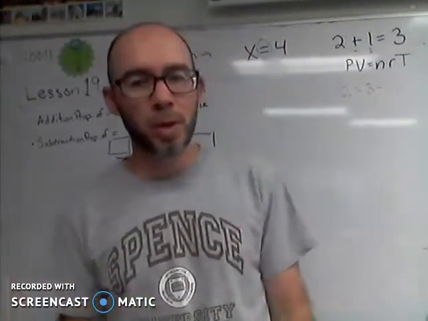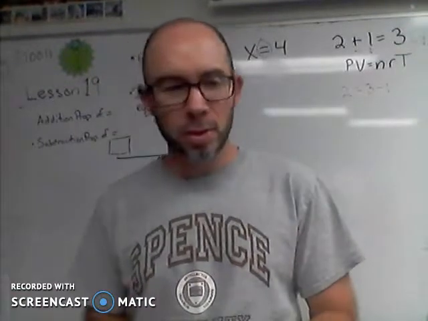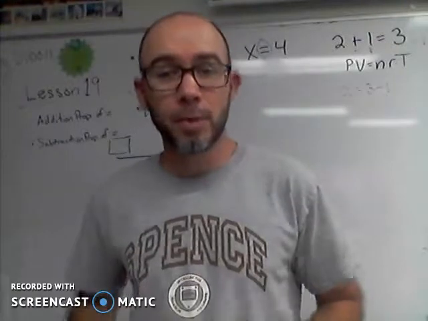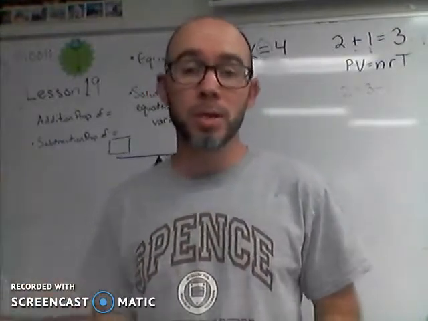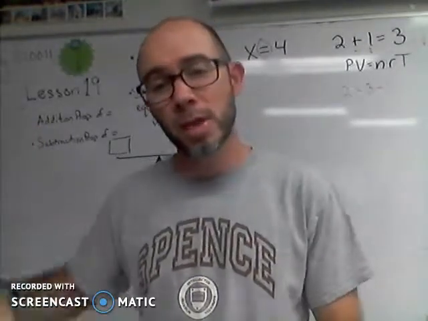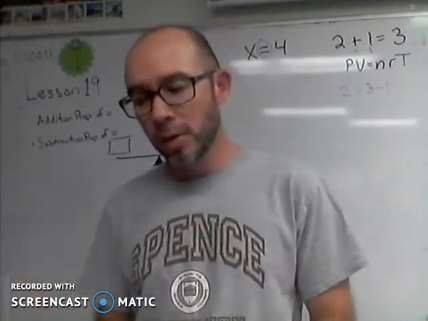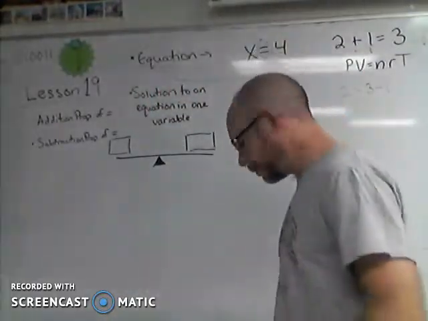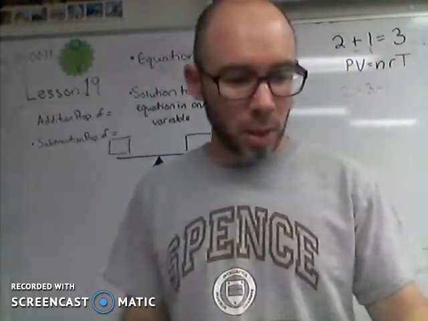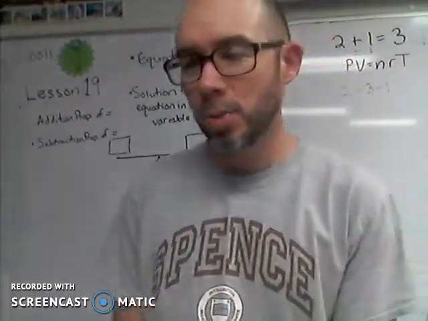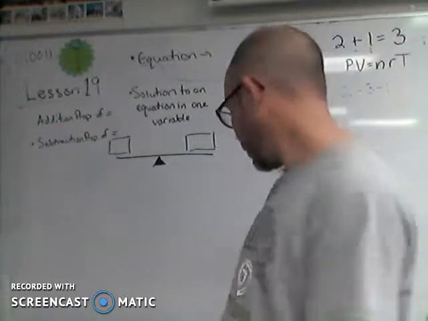But in math, it's one of the 10 commandments of math. Do unto one side what thou doest unto the other. If you're going to subtract by 1, you're going to subtract by 1 on the other side of the equal sign. If you're going to multiply by 2 on one side, you're going to multiply by 2 on the other side. We'll prove why you're not changing the value of what you're doing. You're only changing the way that it's being expressed or the format of those things.